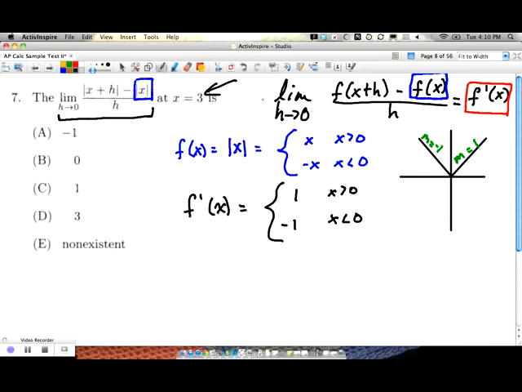Well, I know that the limit of this function is really just the derivative. So it's asking me, what is f prime of 3? That's it. Then I'm just asking myself, what's the derivative? What is the slope when x equals 3? It's over here. And the slope equals 1.